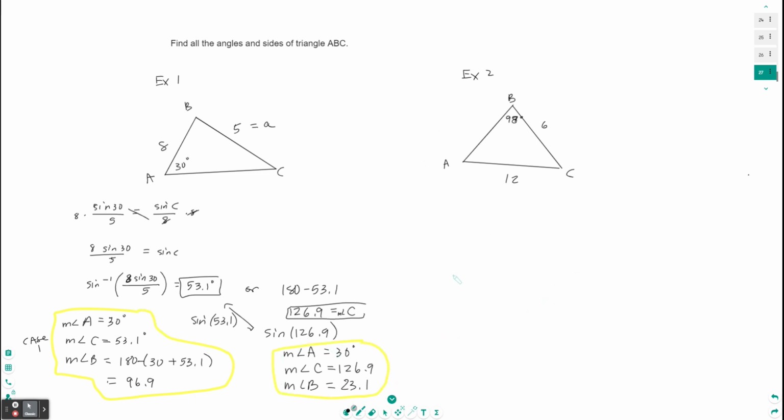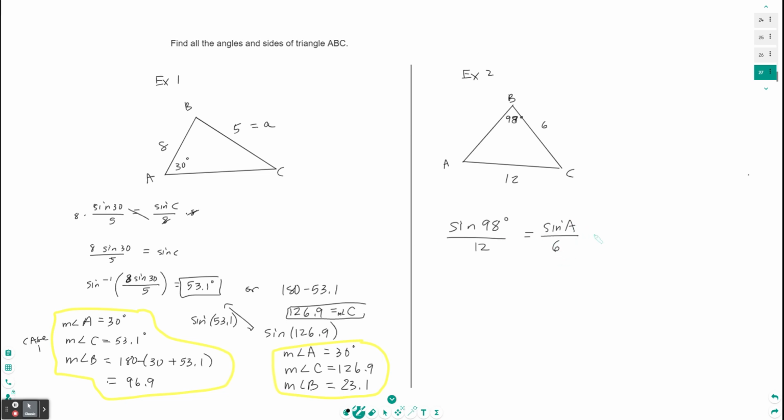Okay, let's go on to example 2. Now we have 12 and 98 degrees. Again, using law of sines, we have sine of A over 6.